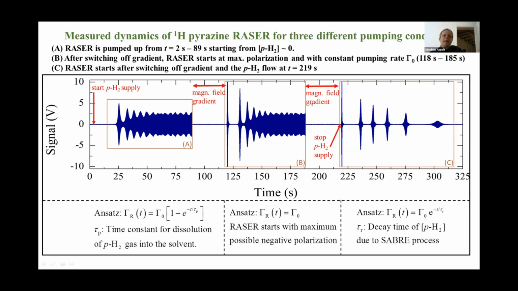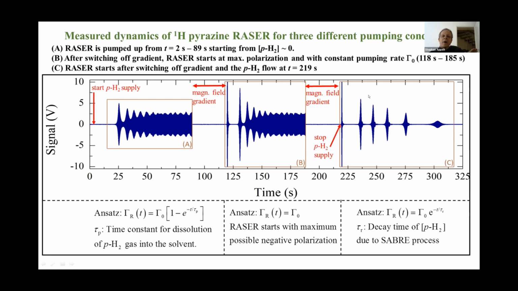But now comes the fun part. If we apply a magnetic field gradient, and you got this maximum polarization, SABRE polarization, and you stop the flow completely. After half a second with no flow, we have seen it by eye, no flow. You have, like here, a RASER, and now look what happens. No parahydrogen supply anymore.